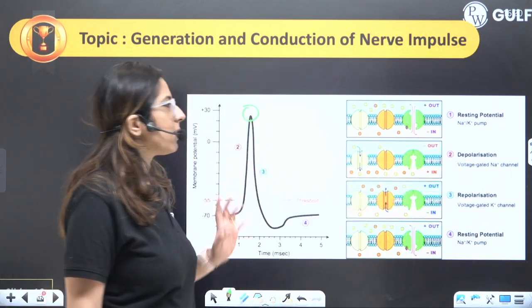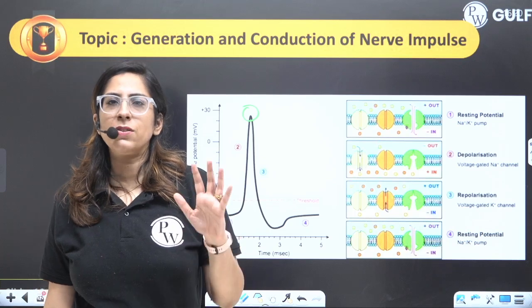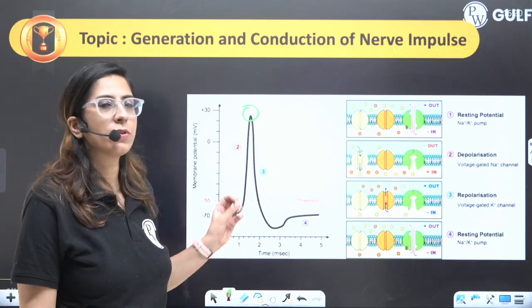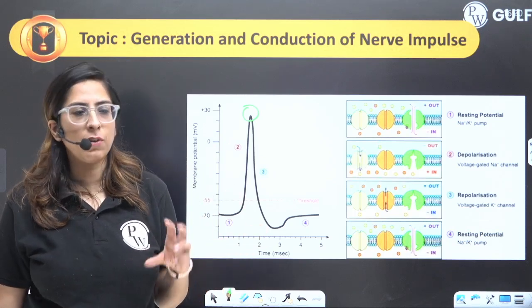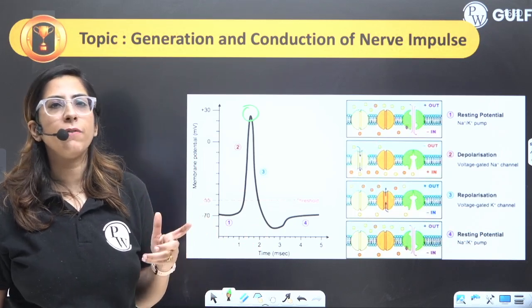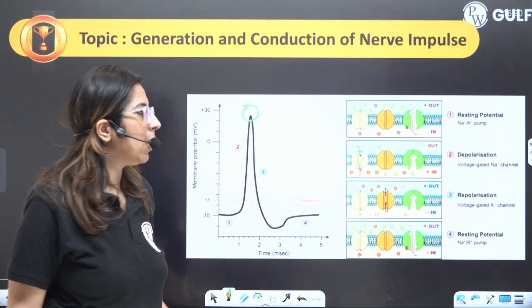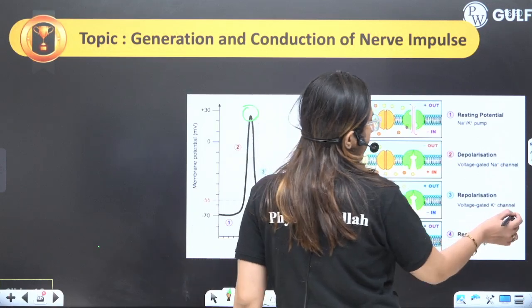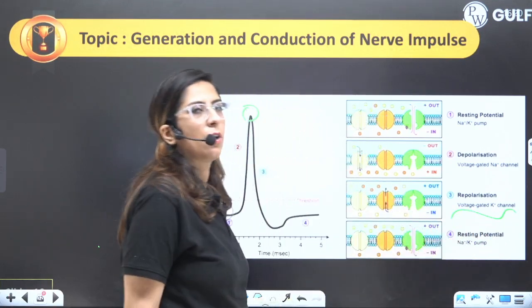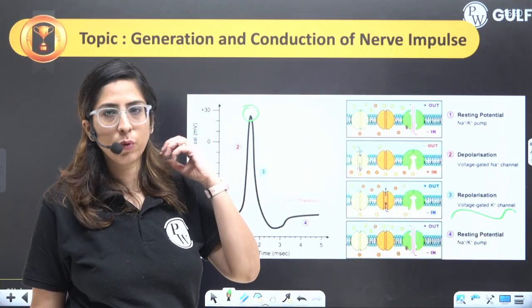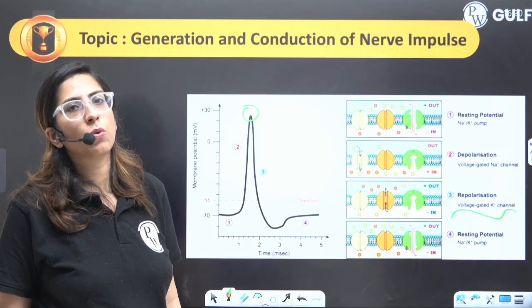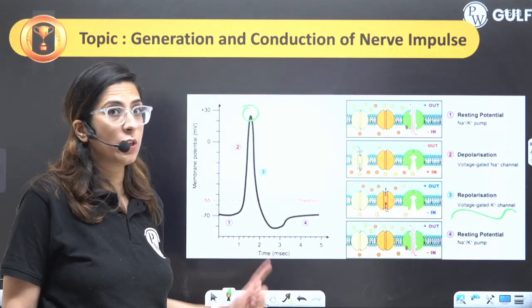Now because it has reached a particular destination, it has to come back, because sodium ion channels are short lived. They open only for a short time because they are voltage gated. Now there is opening of the potassium ion channel, because of which potassium ion will go out. As potassium ion goes out, inside becomes negative, which was positive earlier.